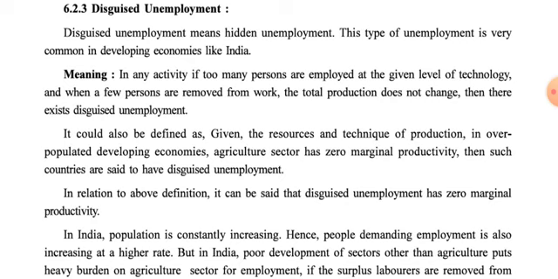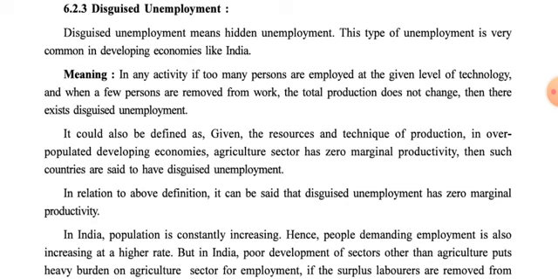In any activity, if too many persons are employed at the given level of technology, and when a few persons are removed from work, the total production does not change, then there exists disguised unemployment. So, first of all, it is clearly shown in this meaning that this type of unemployment is very common in an economy like India.